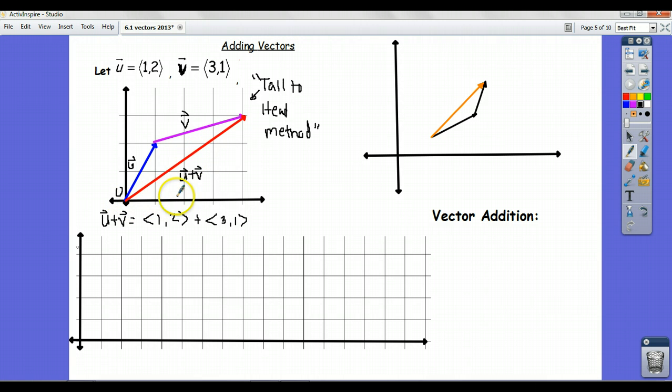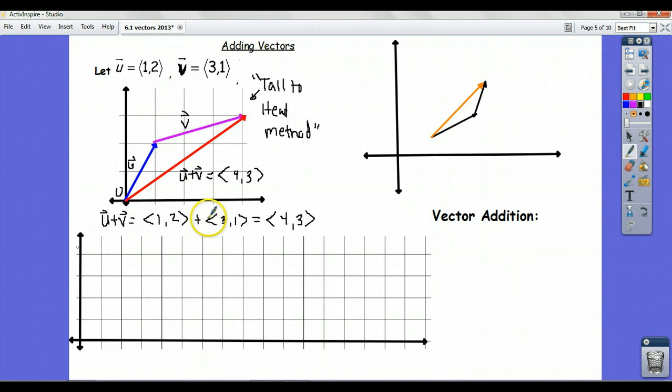So notice what the vector in red does. It moves you 1, 2, 3, 4 right, and 1, 2, 3 up. So it's (4, 3). And notice if we just do the addition component-wise, 1 plus 3 is 4, and 2 plus 1 is 3.